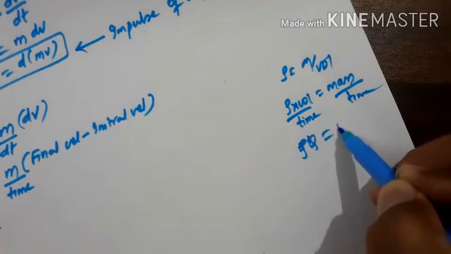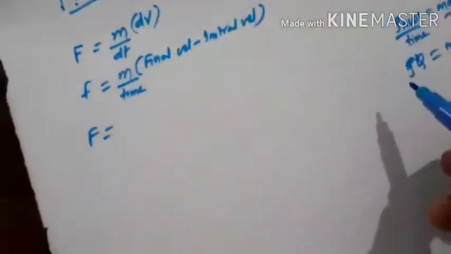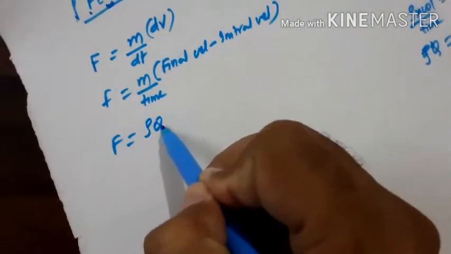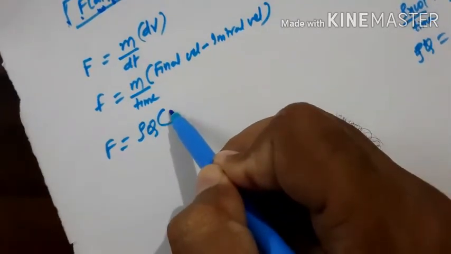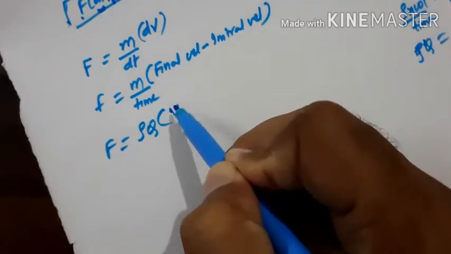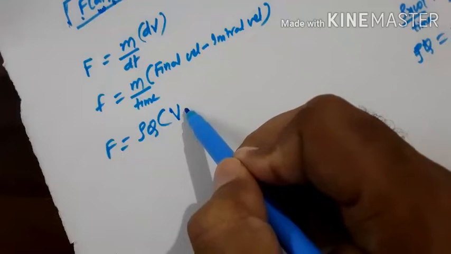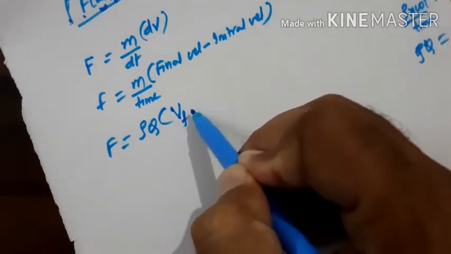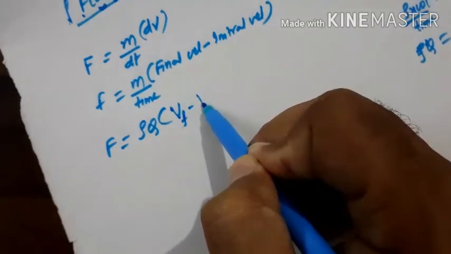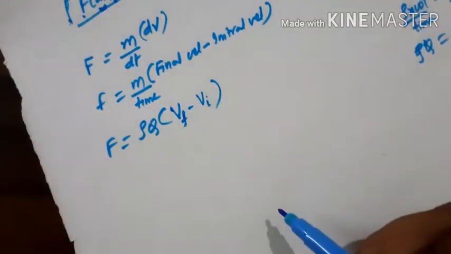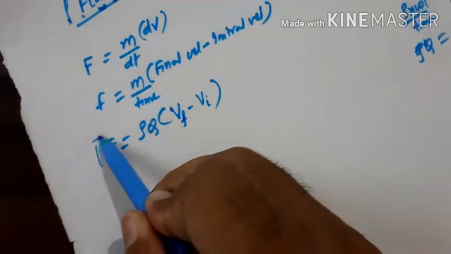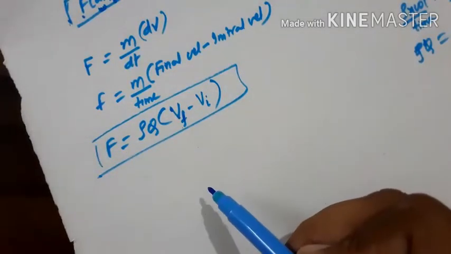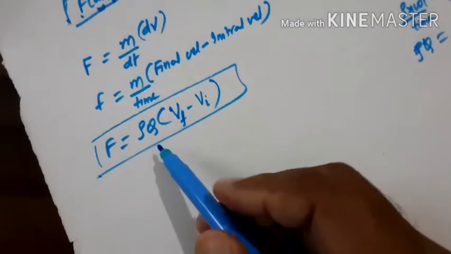Rho into Q, mass per time. So I can write here rho into Q, then v final velocity, then u initial velocity. So this can be used.